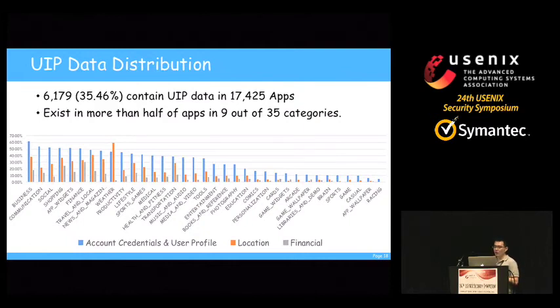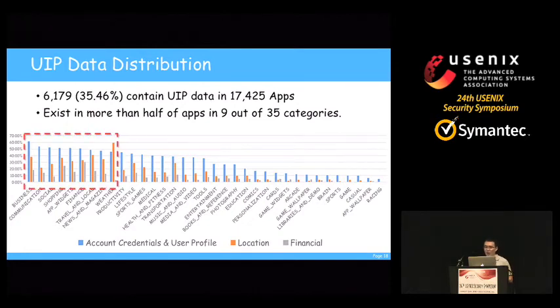Here, we show the UIP data distribution in our dataset. Overall, more than 35% of apps contain UIP data, and they exist in more than half of the applications in 9 out of 35 categories, which shows that further protection of this UIP data is in urgent need.